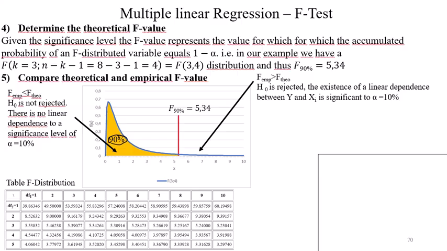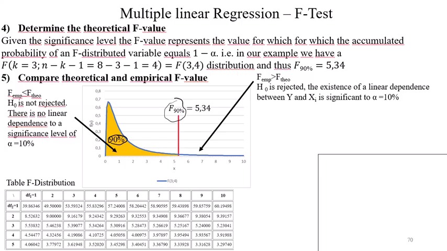And this then would mean, if our estimated value for F would be smaller than this critical value, then our assumption that there is no correlation would not be rejected. And if we are on the right side, then it will be rejected.